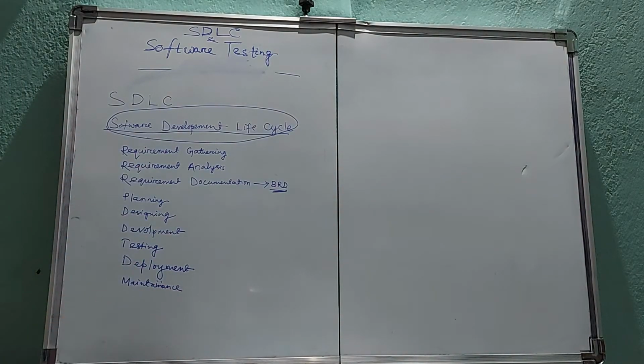So these are the various phases of the software development life cycle.